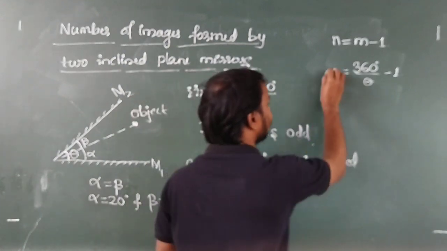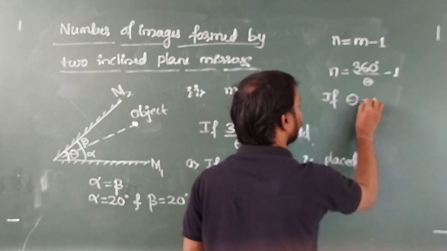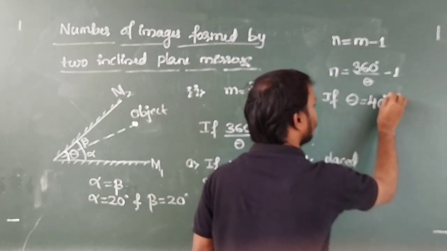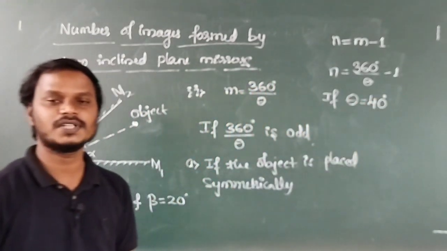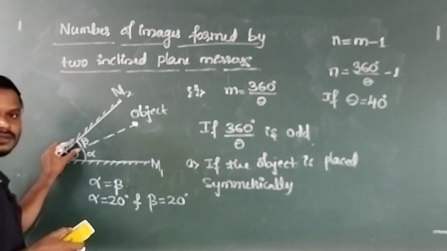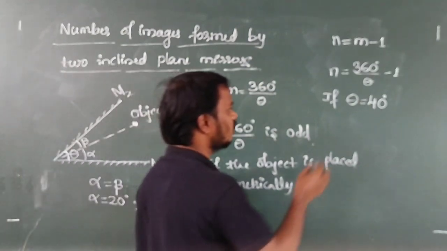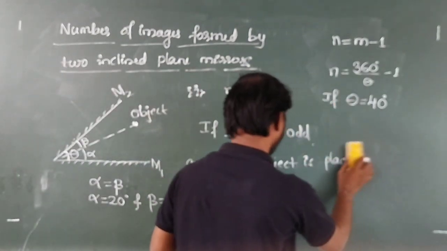For example, if theta is equal to how much? 40 degree. But here, how is the object placed? The object is placed symmetrically, means alpha is 20, beta is also 20, then alpha plus beta is 40. Next, substitute the value here.